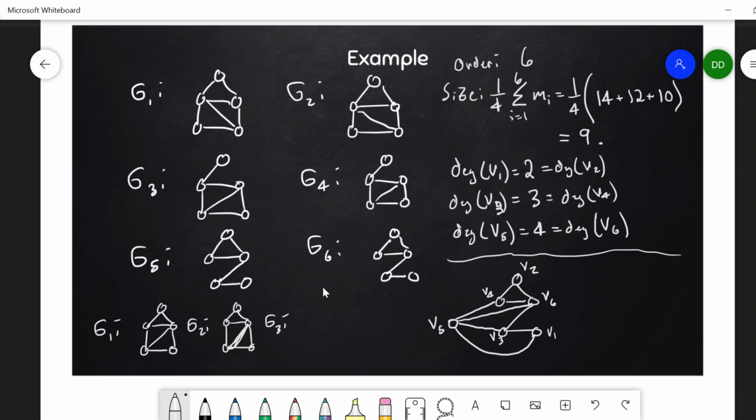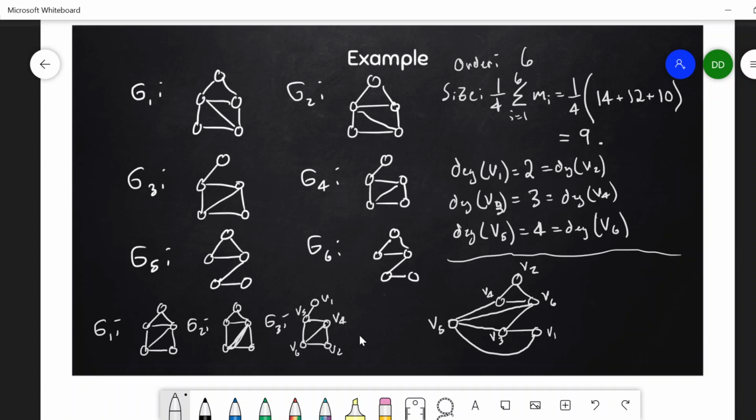This vertex up here would be V1, adjacent to V5, and then I have this triangle between V5, V4, and V6. So that would be V5, V4, V6, V2, and then V4 and V6 are adjacent.